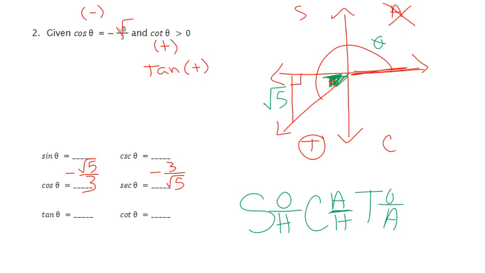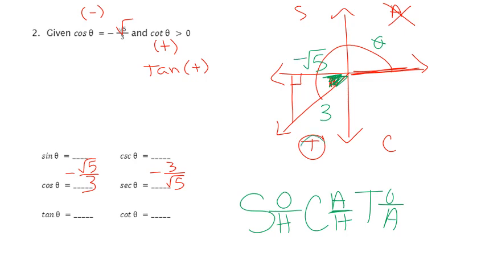And then my hypotenuse is 3. Actually, I labeled that. Let me fix that. So we have root 5, and then the hypotenuse is 3. If you want to put a little negative to remind yourself, you can, but again, we're going to kind of fix it up in a moment.